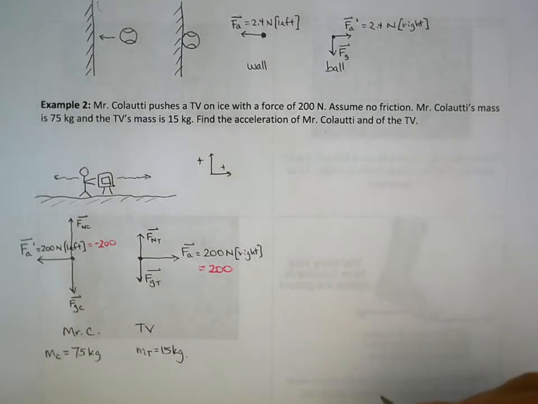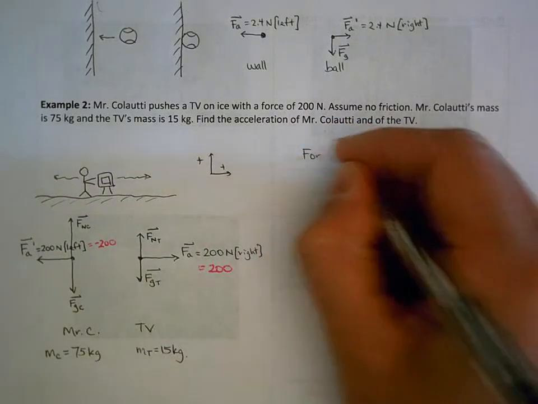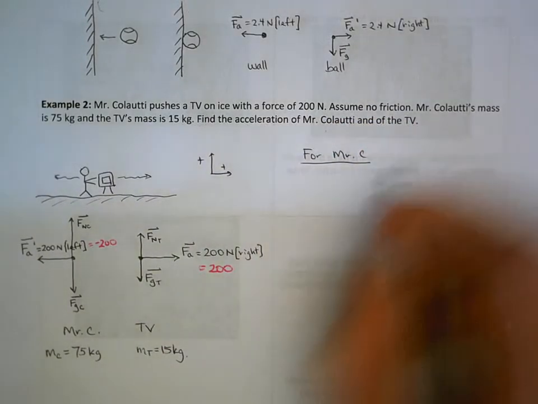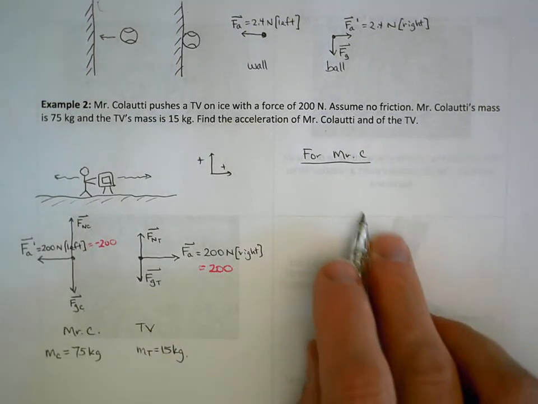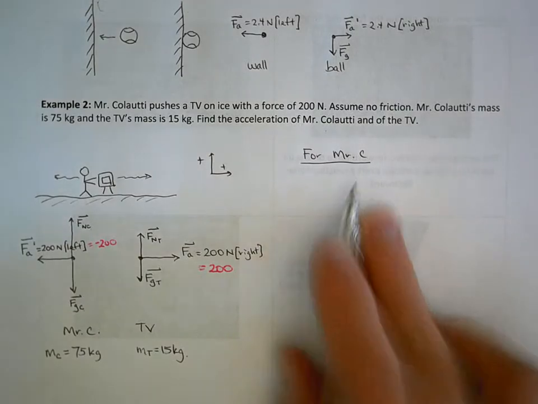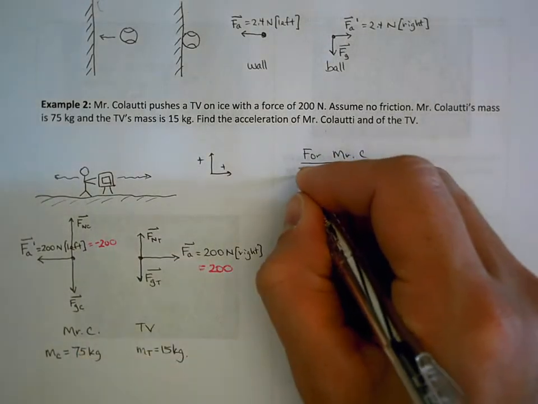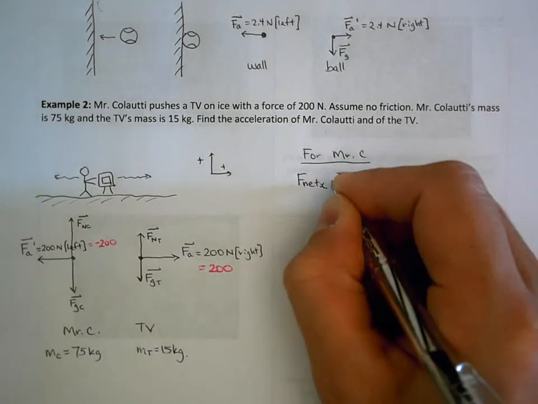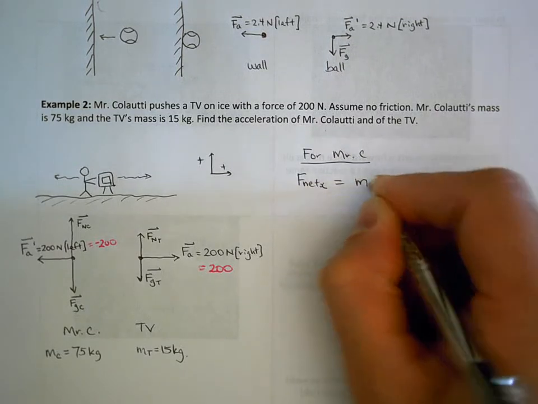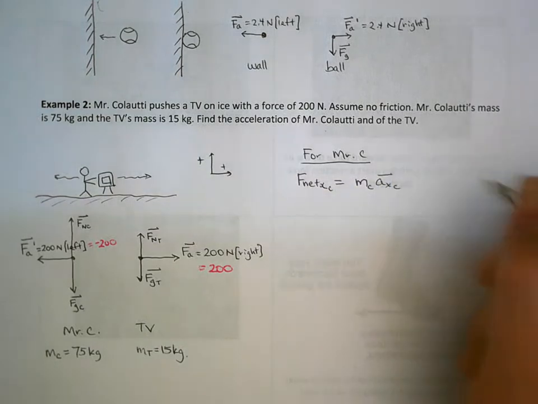And those are scalars. Okay, so let's look at the acceleration of Mr. Colati. Because we've used these little subscripts, we wouldn't need the headings, but it does keep my solution very organized. So we know that this is an unbalanced free body diagram, so Newton's second law will apply. We're going to add up all of the forces to find F net in the x direction, and this is equal to the mass of Mr. Colati times the acceleration in the x direction of Mr. Colati.